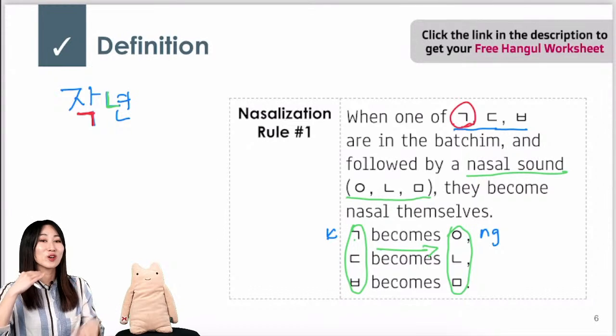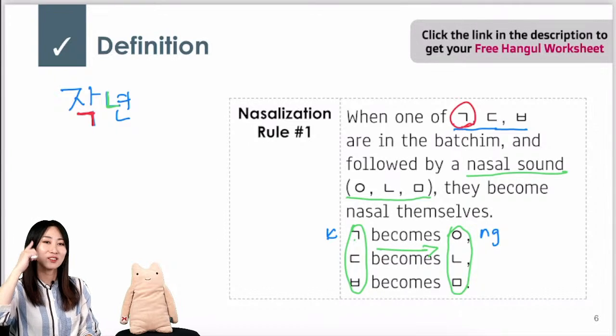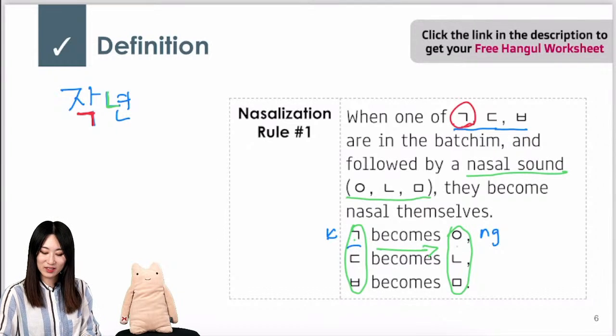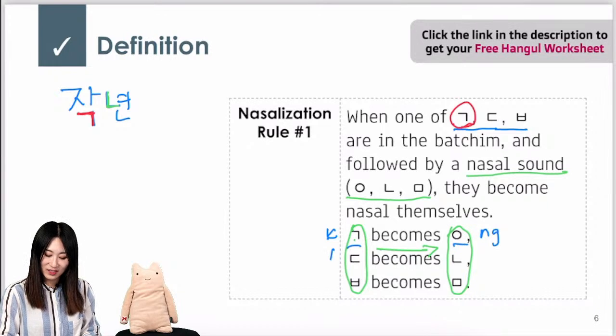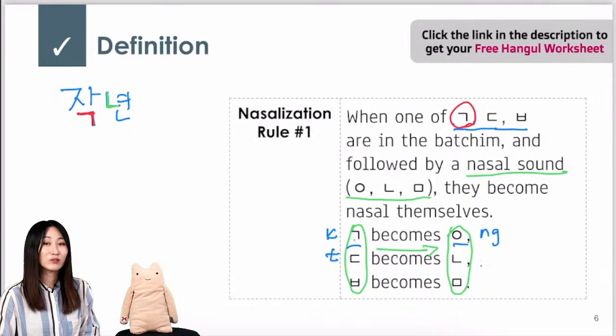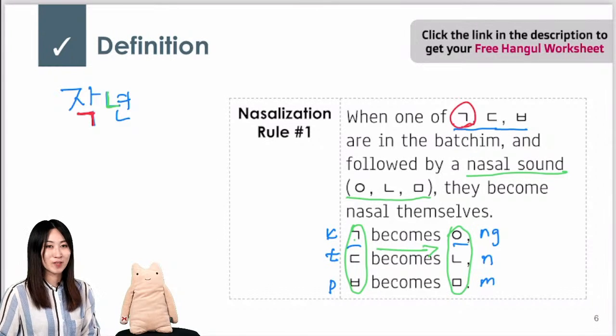You are actually touching the same part of your mouth, the palate, the top of your mouth, when you pronounce this and this. How about this? And the nasal version is n. And the nasal version is m. Are you okay?